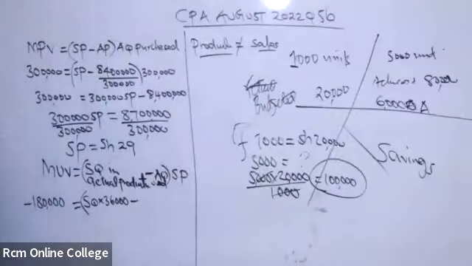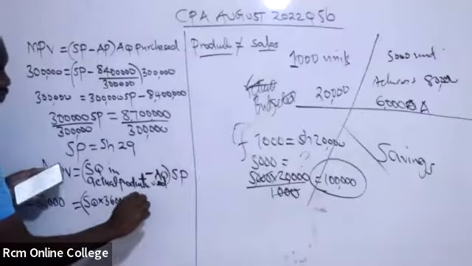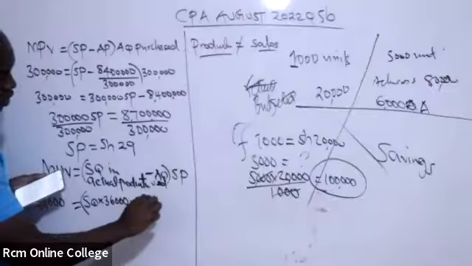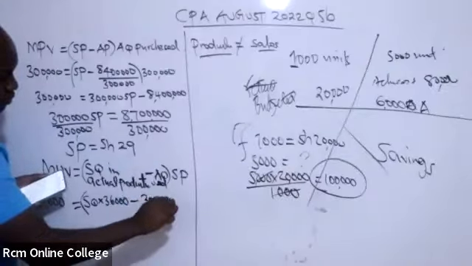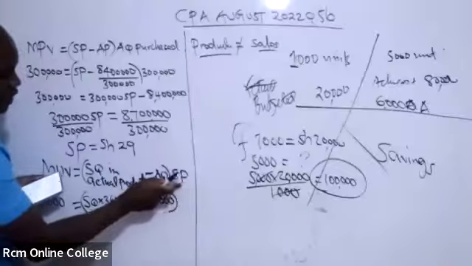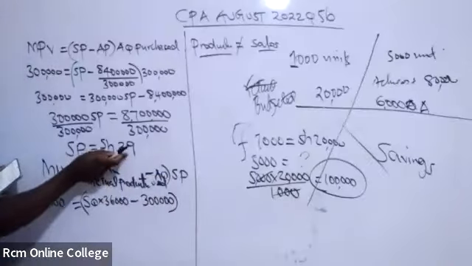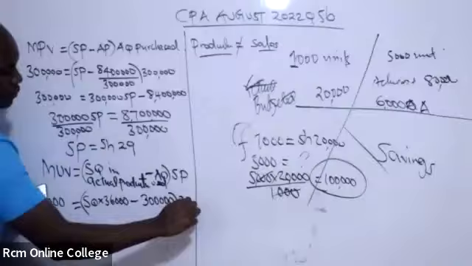Perfect. So actual quantity is 300,000 kgs. This should be multiplied by the standard price, which happens to be 29 shillings.